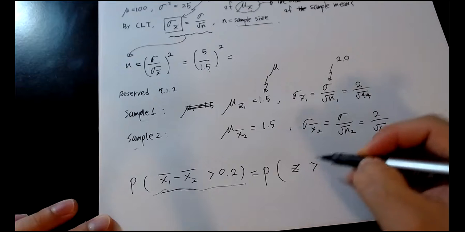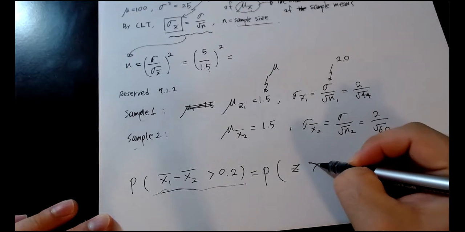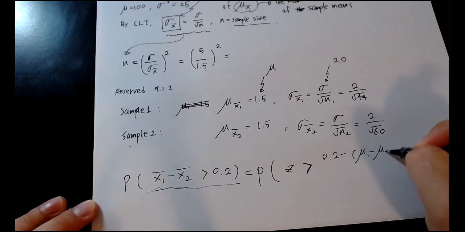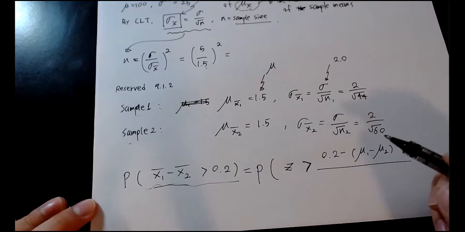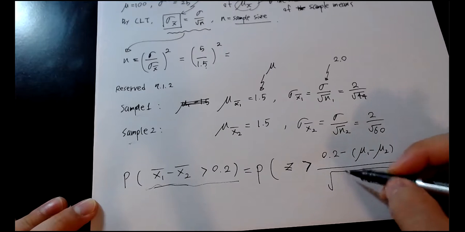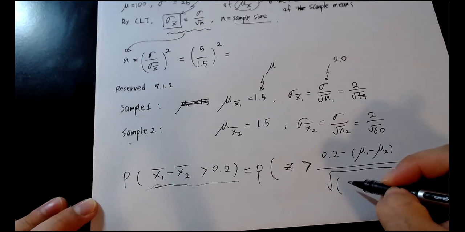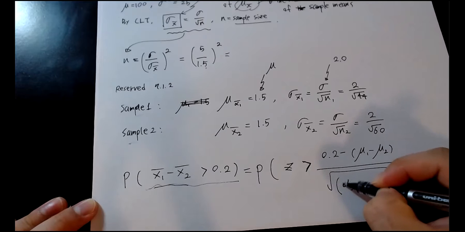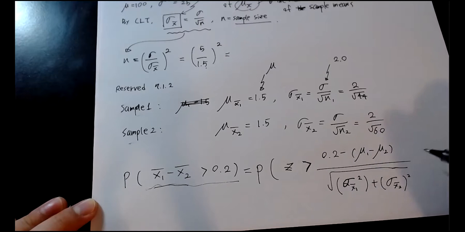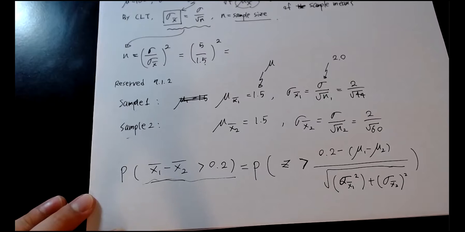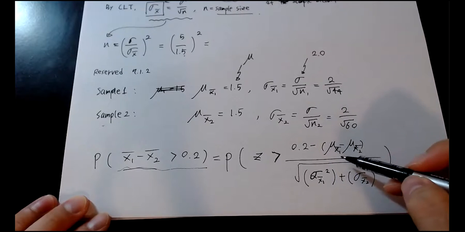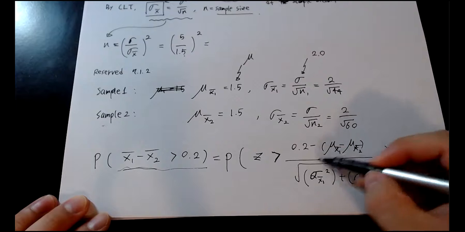The z-score is greater than 0.2 minus mu1 minus mu2, over the square root of sigma x1 bar squared plus sigma x2 bar squared. That's the formula. Now mu x1 bar and mu x2 bar are both 1.5, so 1.5 minus 1.5 is 0.